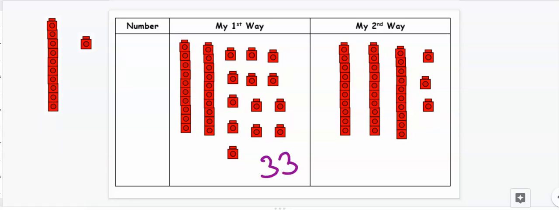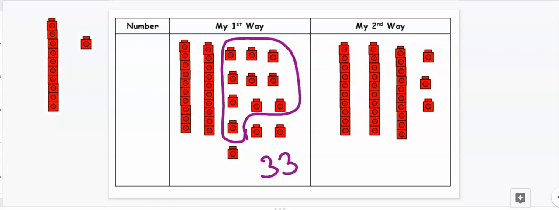Okay, so let's see. I'm thinking too that I want to see if there's a group of 10 over here. 1, 2, 3, 4, 5, 6, 7, 8, 9, 10. I'm going to go ahead and circle that group of 10.